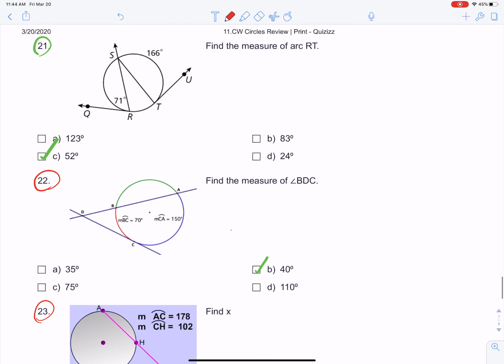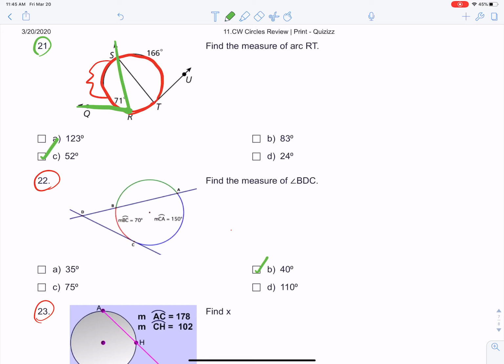Okay, down here, 21. They are asking us for arc RT. We know that all of the arcs in the circle add up to 360 degrees. So we are going to find the 166 plus this arc and subtract it from 360 to get our remaining piece. How do we find this arc? Very simple. The angle that forms it, as long as the vertex is on the circle, which it is, the arc that it intercepts is double.